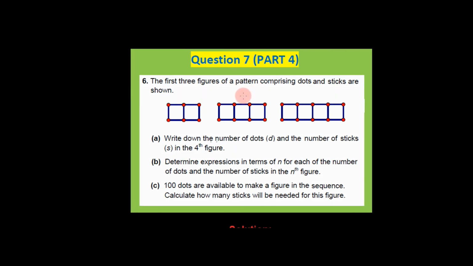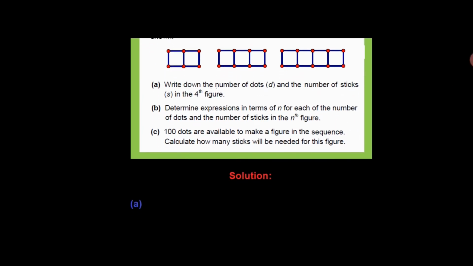Let's look at your answers to this question. In A, we have to write down the number of dots D and the number of sticks S in the fourth figure. We can start by writing down sequences for both the dots and the sticks. So let's start with the dots. In the first figure, we have 6 dots.